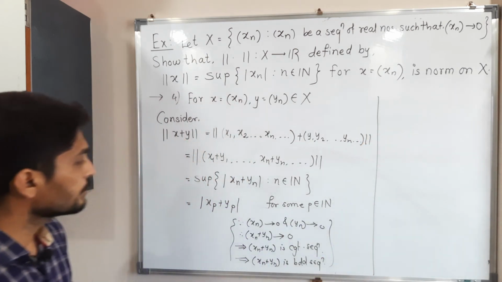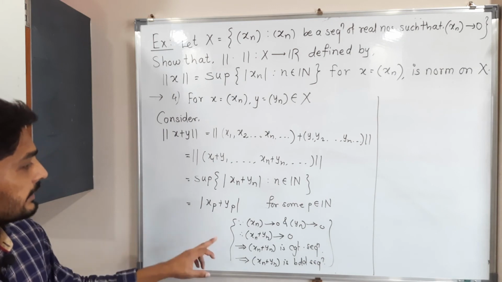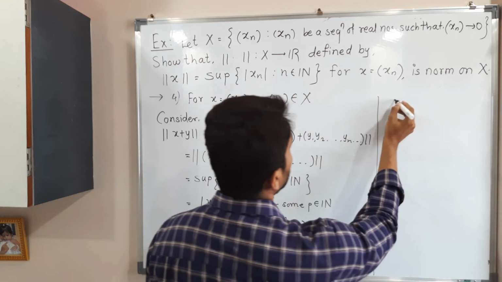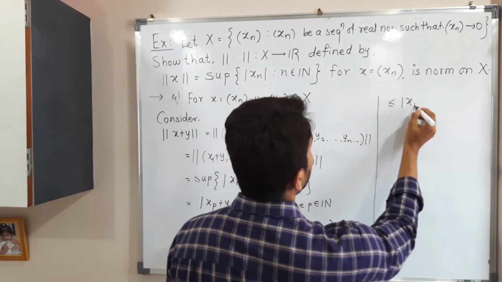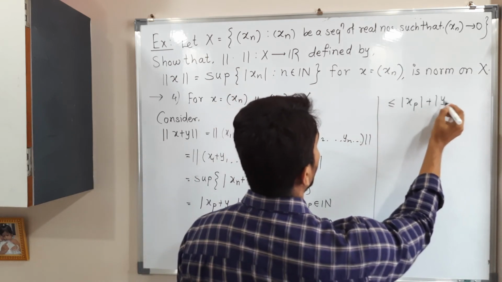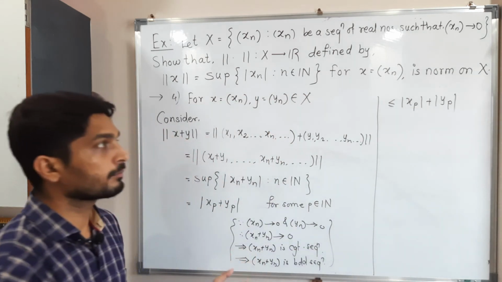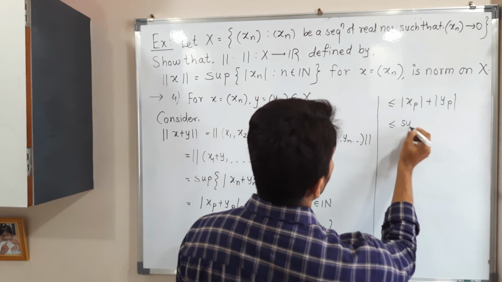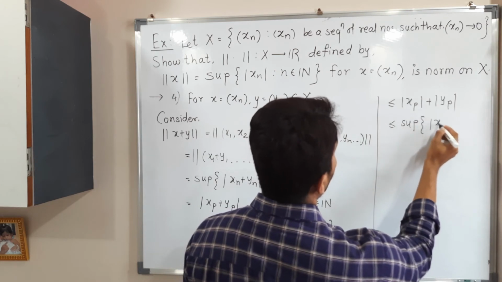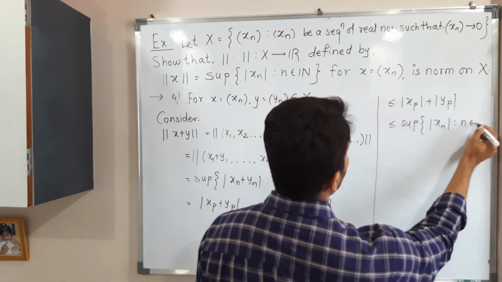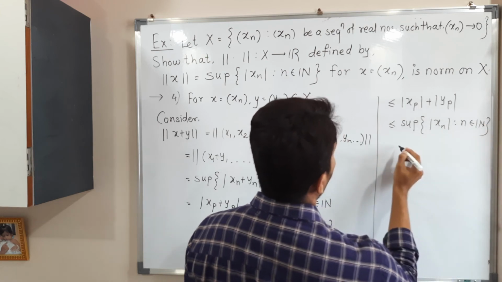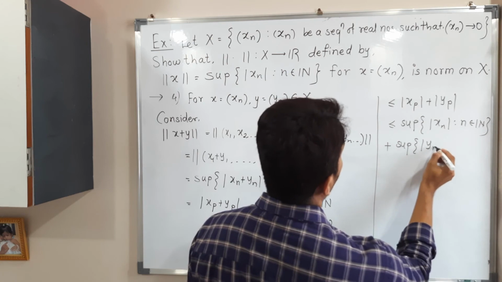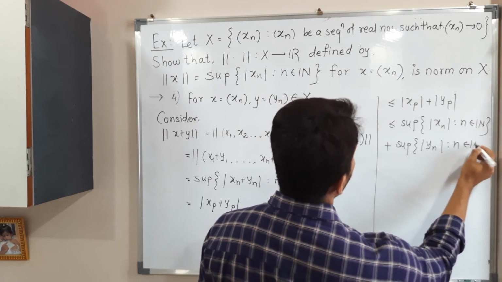Okay, so see, this is less than or equal to, okay, what can I write here? Yeah, if I take separate mod xp plus mod yp, since if you take separate mod, the value will increase. So obviously mod xp is less than or equal to supremum of mod xn, n belongs to set of natural numbers, plus supremum of mod yn, n belongs to set of natural numbers.